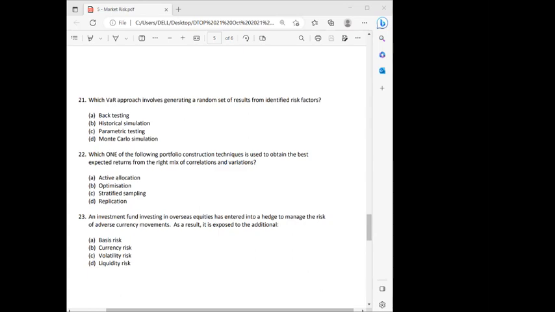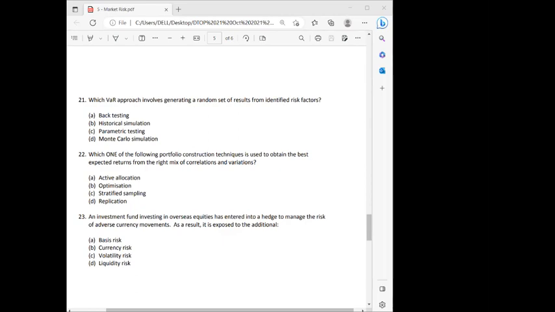So we discussed, when you enter into a hedge, right? When you invest overseas, you're exposed to currency risk, right? The question is about additionally, what risk are they facing now? Because there's a hedging also involved.